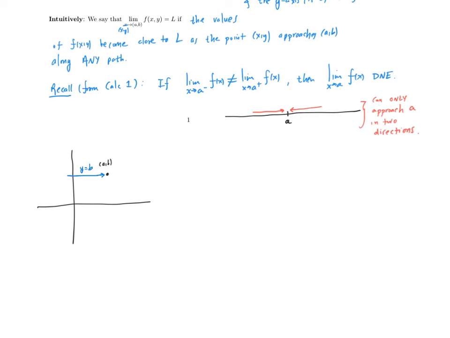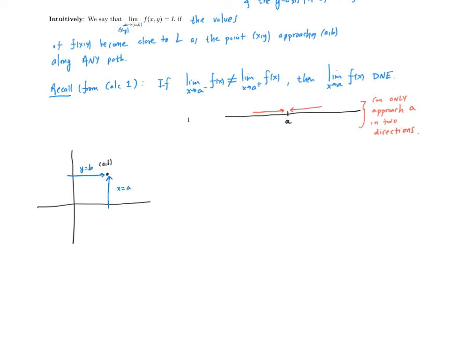And note, when we talk about approaching along the line y equals b, that really does include from both directions. I typically will only include that arrow from the left just to illustrate the point. Similarly, you could approach this point along a vertical line, maybe something like x equals a.